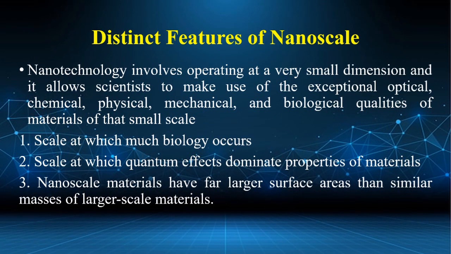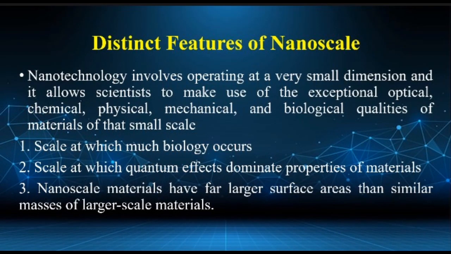So now let's move on to the distinct features of nanoscale. Nanotechnology involves operating at a very small dimension, and it allows scientists to make use of the exceptional optical, chemical, physical, mechanical and biological qualities of materials at that small scale. Now let's have the first feature of nanoscale, which is a scale at which much biology occurs.